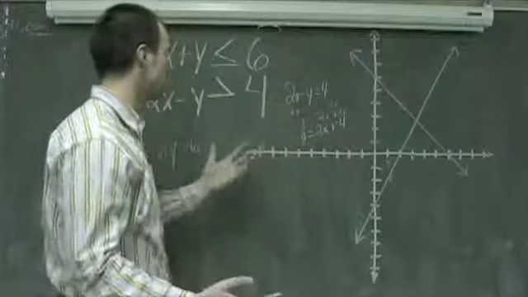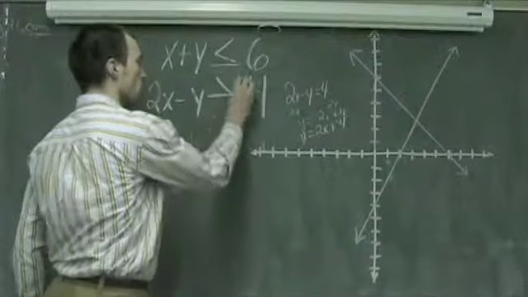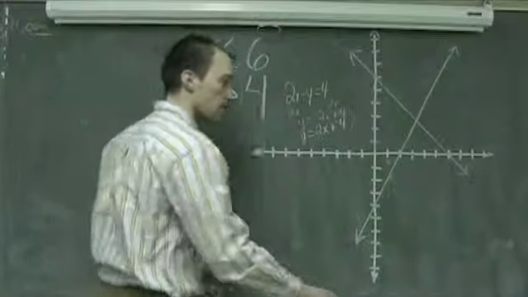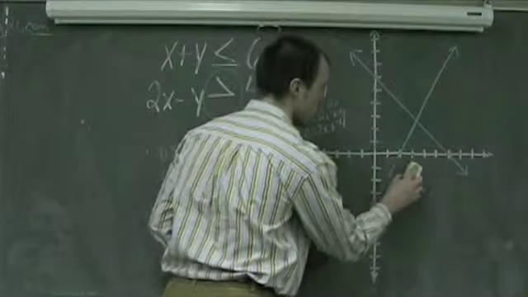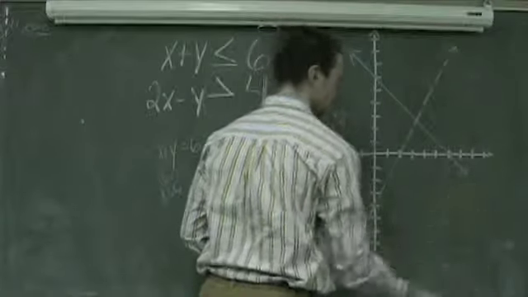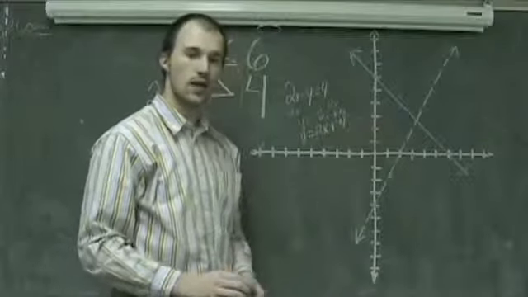Checking this line to see if it should remain solid or dotted, we go back to our inequality. Because it's simply greater than and not greater than or equal to, this will be a dashed line. So here we are, with 2 lines drawn.